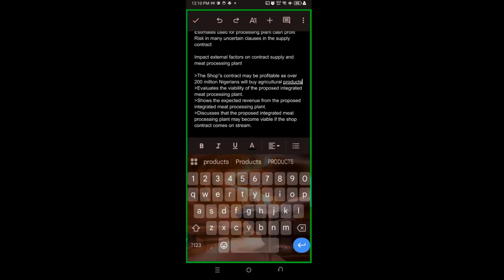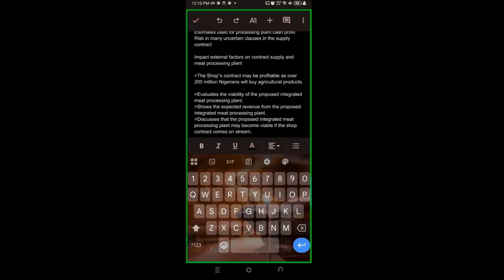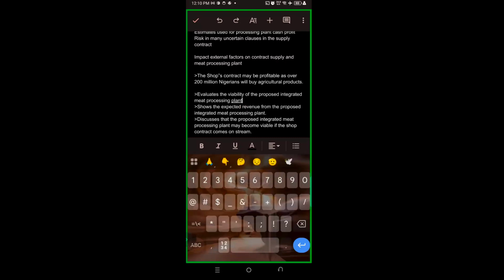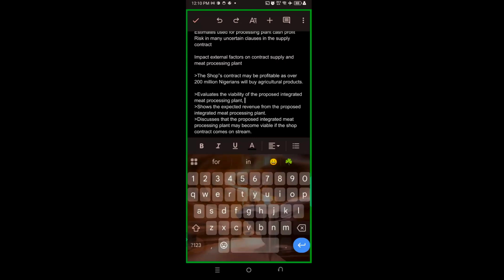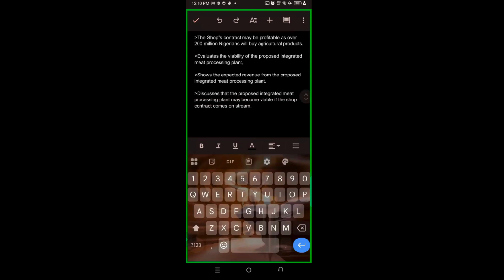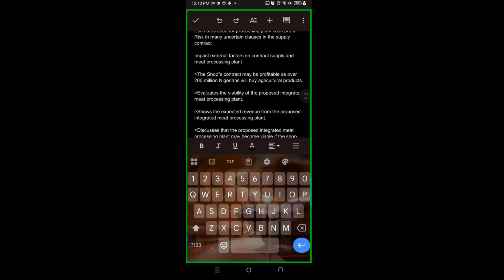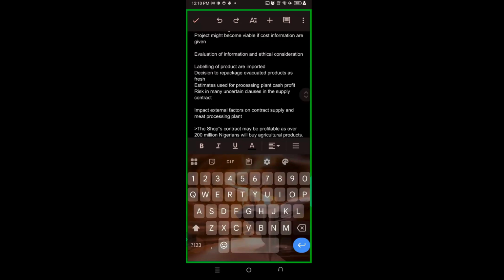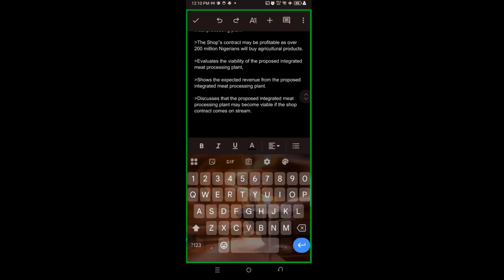Okay, we buy agricultural products. You can see, evaluate the viability of the proposed integrated meat processing plant. Right. So we can then explain them like that to link them to external factors. If we have explained the issues and options in a way, we explain this one in external factors.